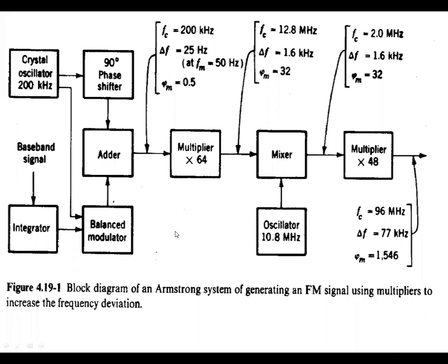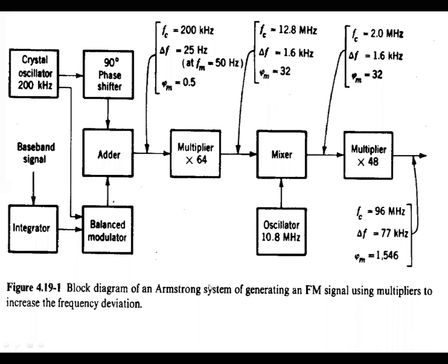In order to increase to 75K, how much multiplication factor is required? The multiplication factor is 75K by 25 Hz, that is 3000. 3000 is the multiplication factor. Now the 3000 multiplication factor is written in terms of a radix of 2.